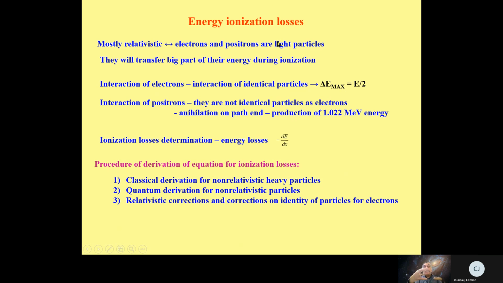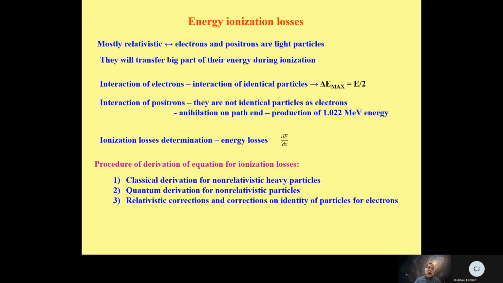The first process, which is the most important, because as I said, mostly our detectors are built to detect ionizing particles. Charged particles which are moving through this material make ionization, and they have ionization losses.